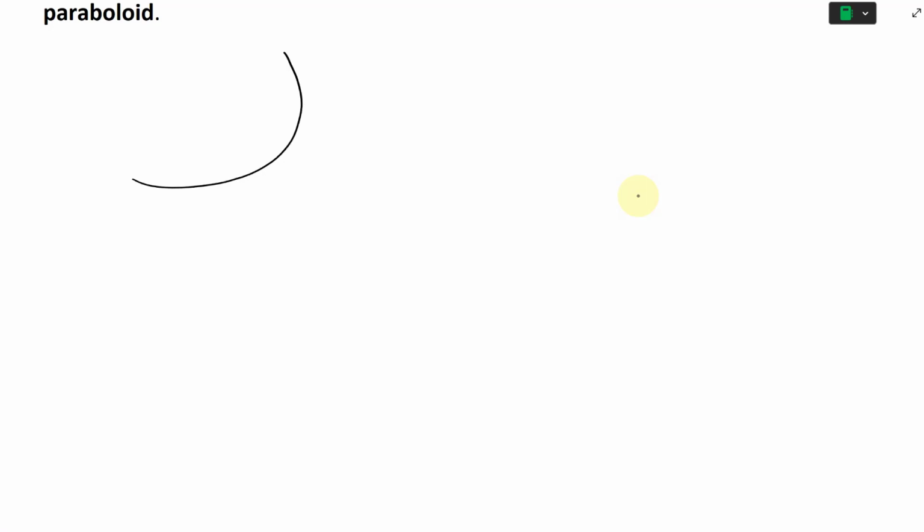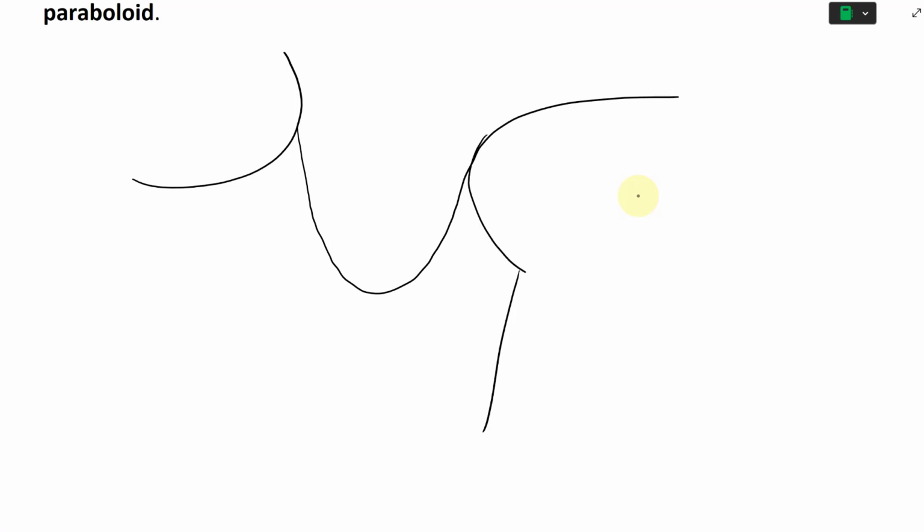And then the shape actually saddles down like this somehow, and then goes up, and it opens up like this, and so on. So it looks something like this, and this is the x-axis.